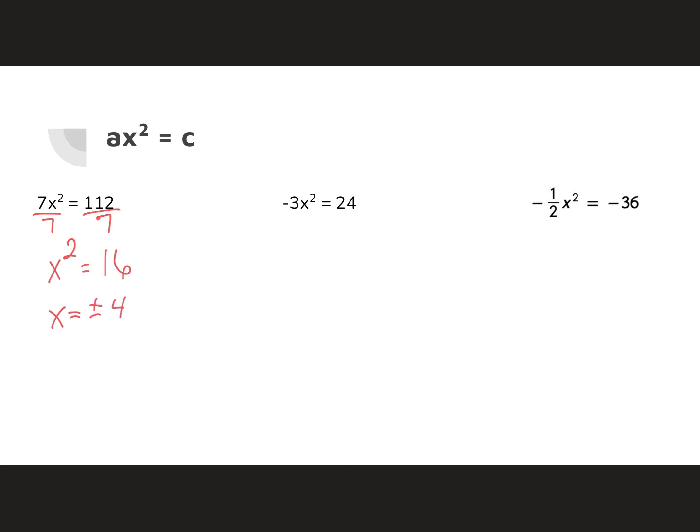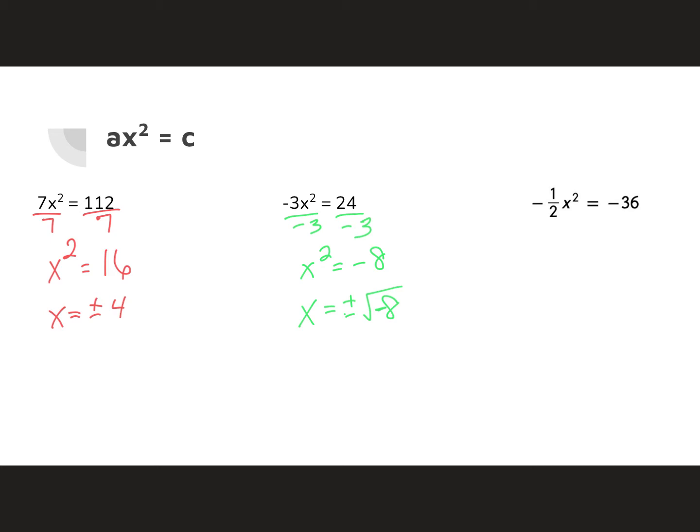Again, over here, next problem. I'm going to divide both sides by negative 3. So I get x squared equals negative 8. Well, here I have an issue. When I take my square roots, I'm going to get x equals the positive and negative square root of negative 8.